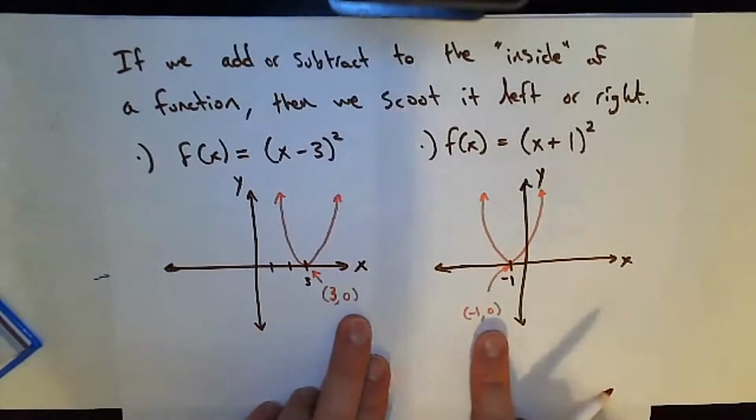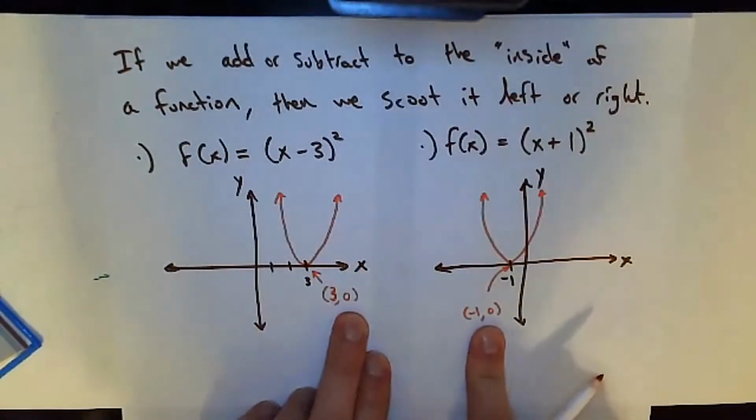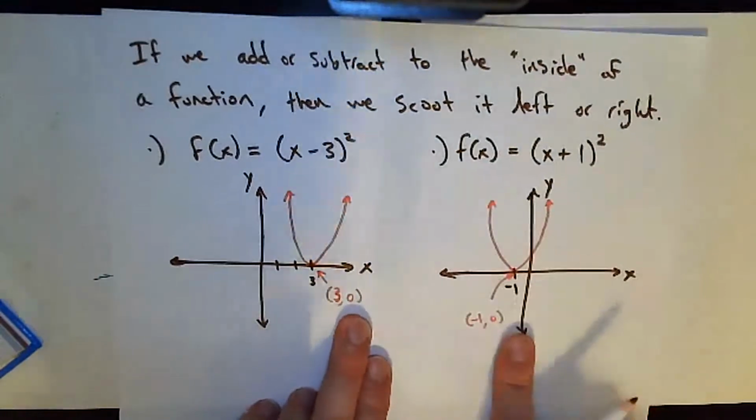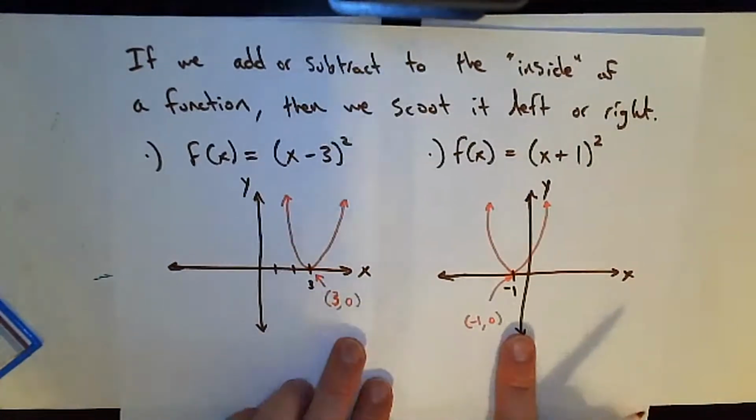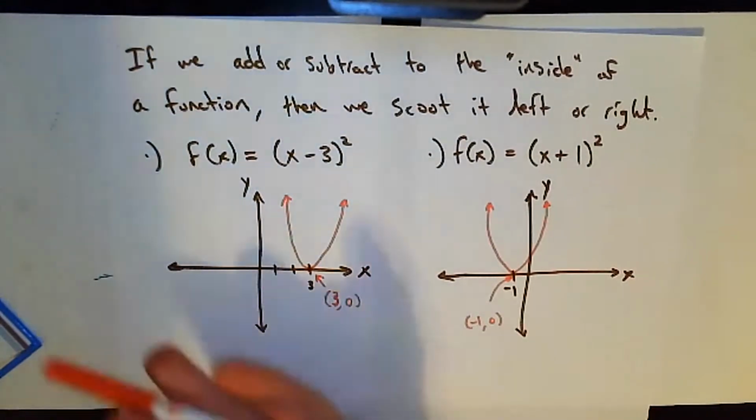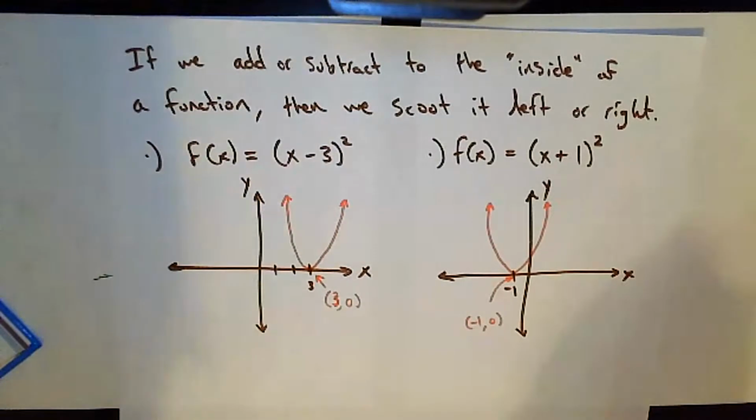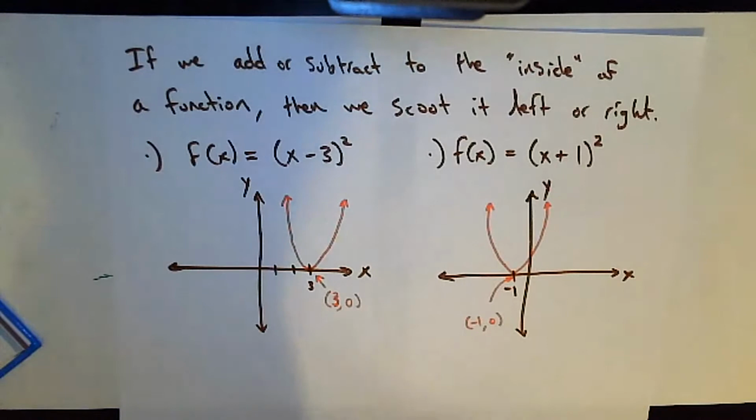Notice the outputs of both of these, or the y values, are still 0 because it hasn't lifted up or down. Only left or right. This works for all the functions. I encourage you to go play with all the functions and just add or subtract inside each of them, and you'll see them scooting left or right.